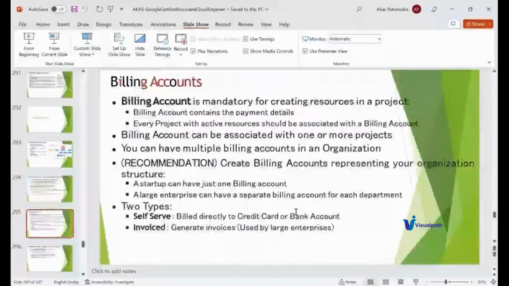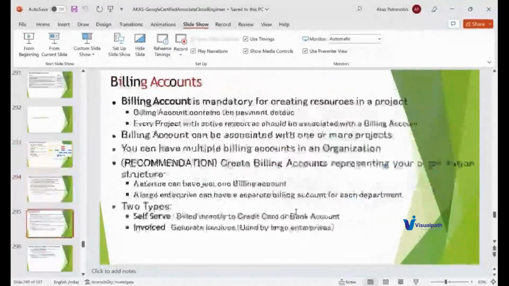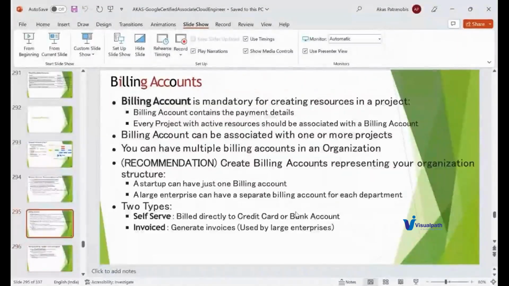So apart from these three terms, organization, folder, project, there is one more very typical thing that you need to remember when you work with GCP. It does not work without it: your billing accounts. What do I mean by billing accounts?